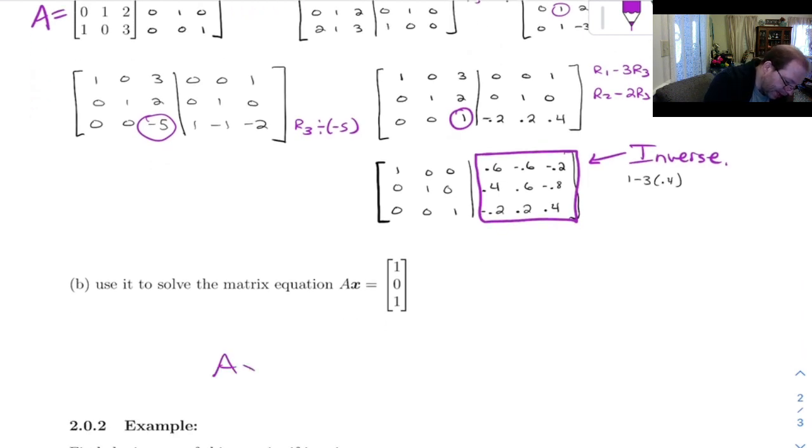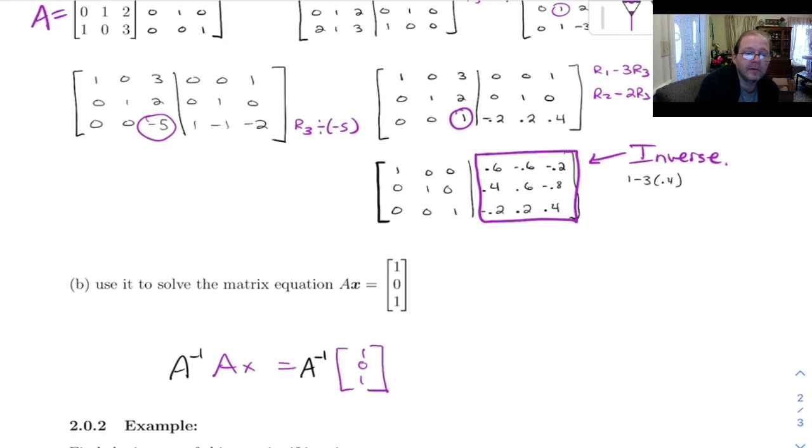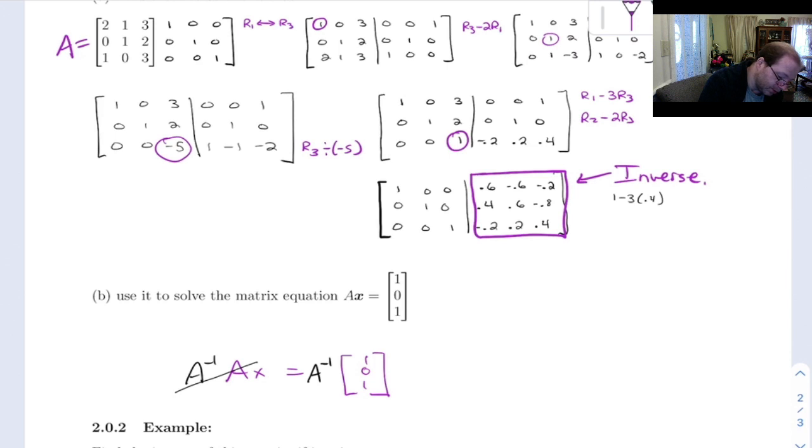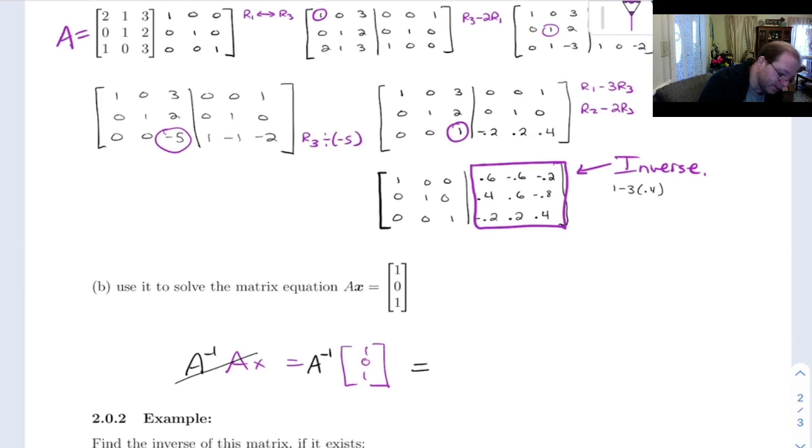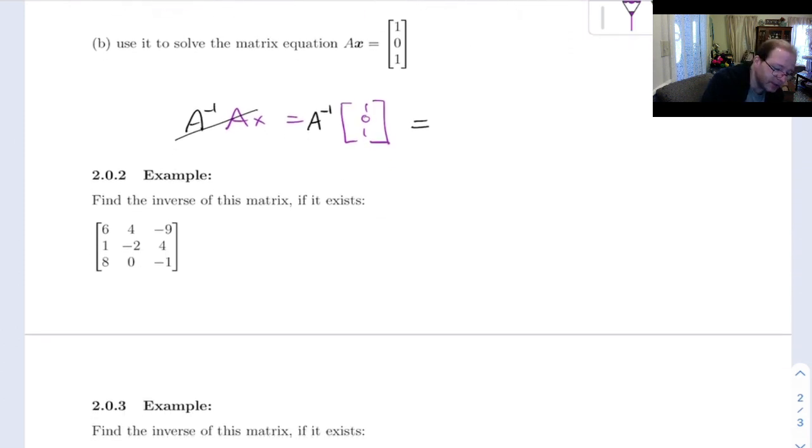If you have AX equals 1, 0, 1, what you can do is multiply on the front by A inverse like this. And here's the nice thing. This cancels away and just leaves you with identity matrix times X, or just X, equals A inverse times 1, 0, 1. So we can do that pretty simply.